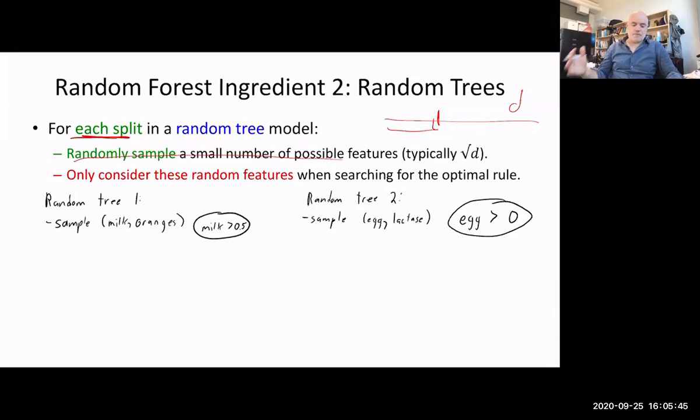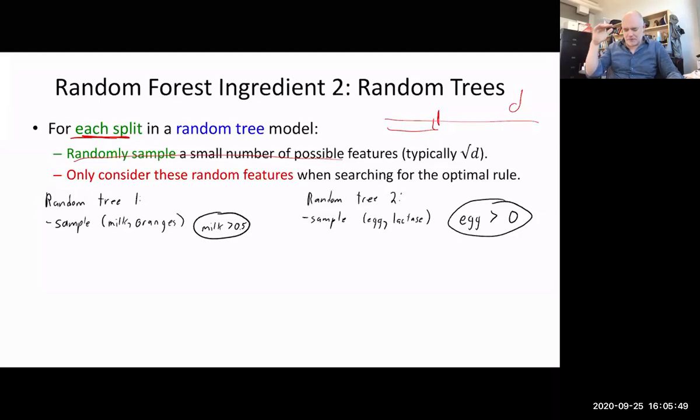Okay, so back to what I was talking about. When you're building your random forest and you're training a random tree on a particular bootstrap sample, you also, when fitting the decision tree, consider again only root D features at every decision stump optimization choice.